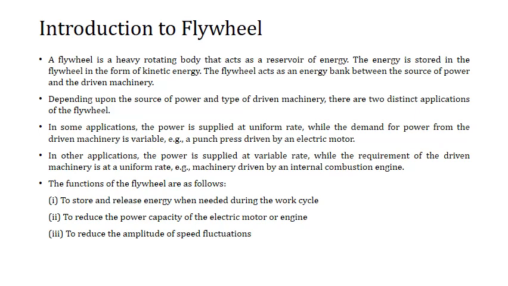So in this category we can consider the internal combustion engine, the cars, the trucks, the mopeds, where engine is going to provide the power in the form of variable torque, but machine has to be driven with the uniform angular velocity. Hence, there are two distinct applications for the flywheel.